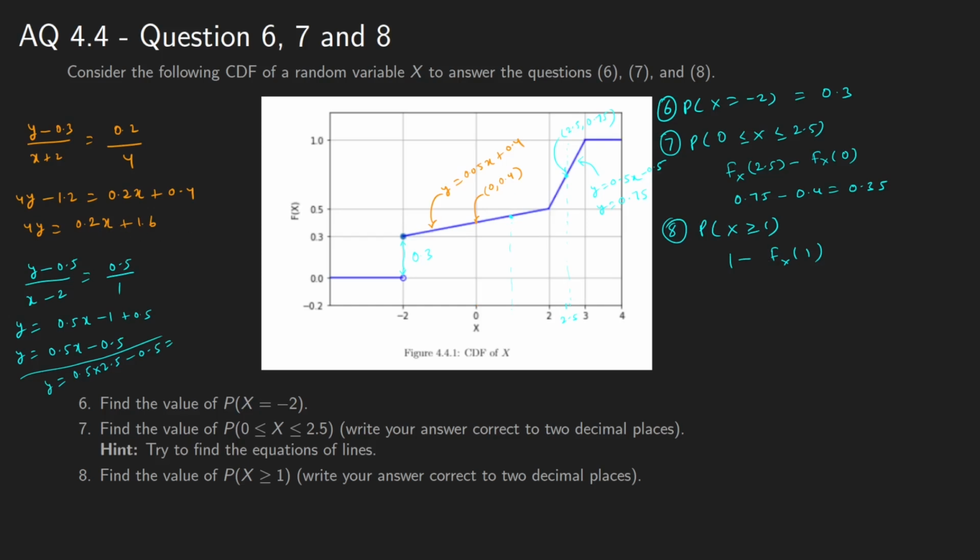When you put x equals 1, y will become 0.45. So the coordinates of this point are (1, 0.45). So the CDF at 1 is 0.45. So 0.55 is the probability that x will be greater than 1.